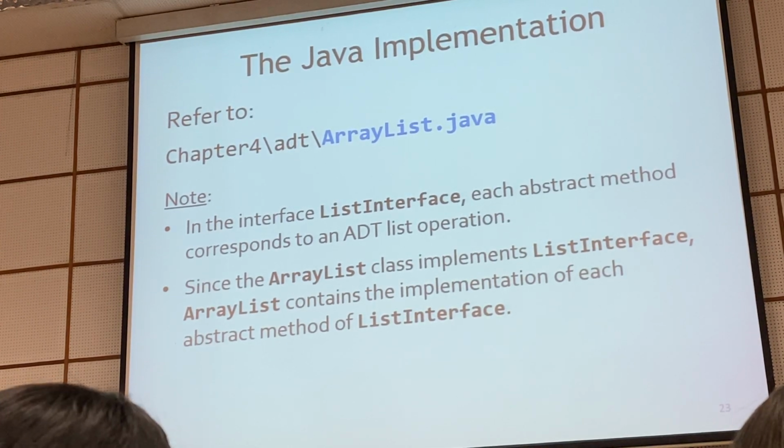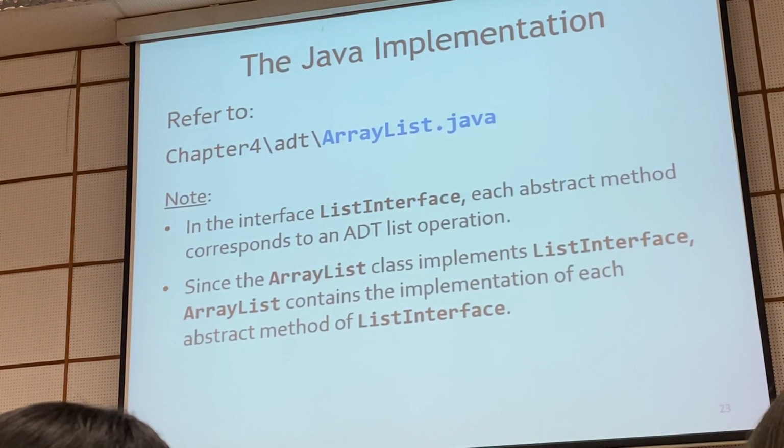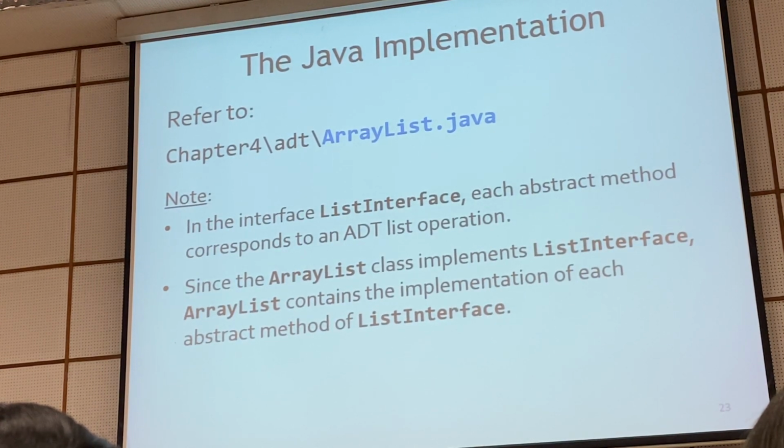Now as you can see, we have ADT specification, you have interface, and then you have your implementation. For your project, each member, each module must have ADT specification, must have your interface. Whatever you specify must be in your interface.